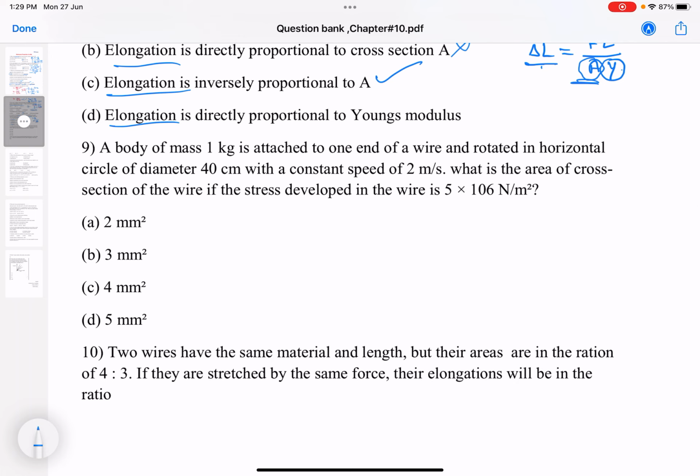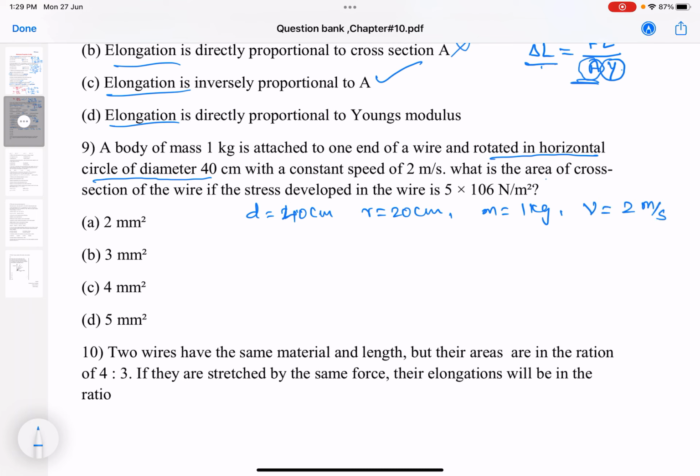A body of mass 1 kg is attached to one end of the wire, and that body is rotated in a horizontal circle of diameter 40 centimeters. So radius will be 20 centimeters. Okay. And mass is 1 kg and speed v equal to 2 meter per second.